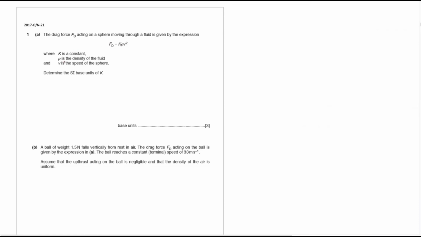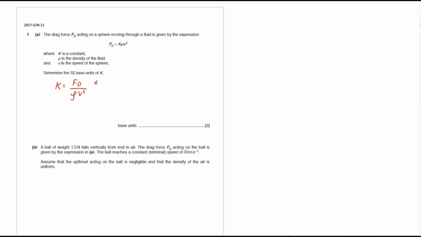k is a constant, rho is the density of the fluid. The fluid can be liquid or air, depends on where the object is. v is the speed of the sphere. Determine the SI base unit of k. So this is from the previous chapters. I rearrange the formula: k equal to drag force over density times velocity squared.